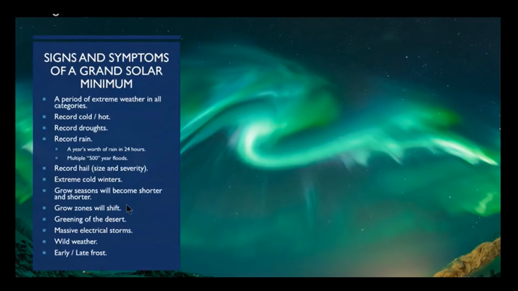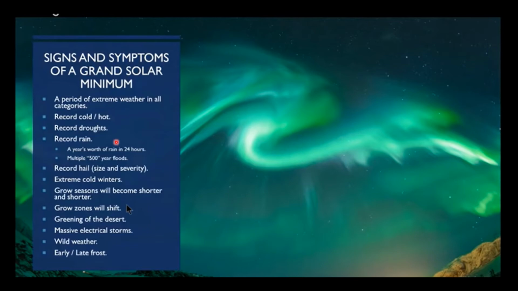So, signs and symptoms of grand solar minimum. These are what we've seen throughout history during the grand solar minimum of the Maunder Minimum, during the Dalton Minimum, and this is what we would expect if we see a grand solar minimum. Periods of extreme weather in all categories, record cold and hot temperatures, but also record droughts.